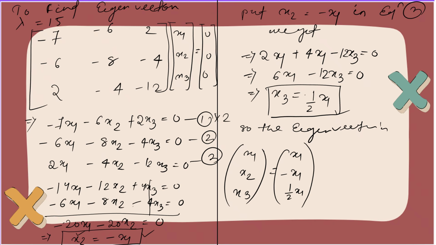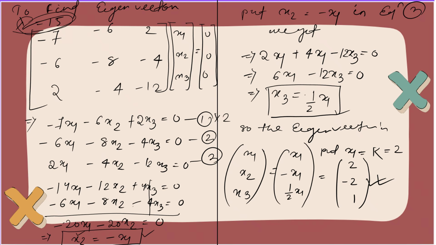So simply we put x1 is equal to k. If we put k as 2, or if we put 1, it is also okay. But if we put 2, then it is converted into 2, minus 2 and 1. So this is the eigenvector for eigenvalue lambda equal to 15.